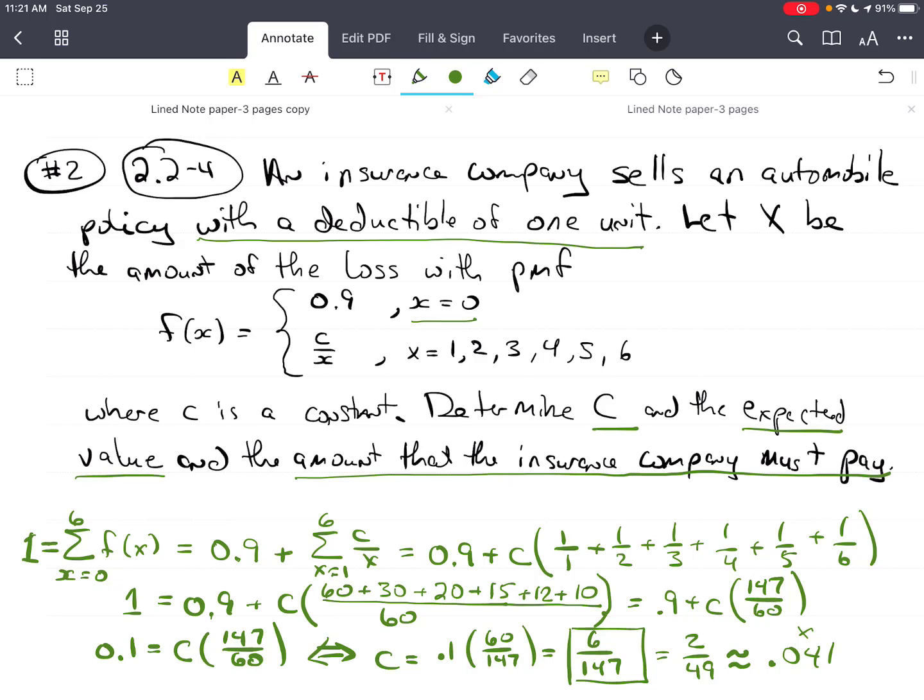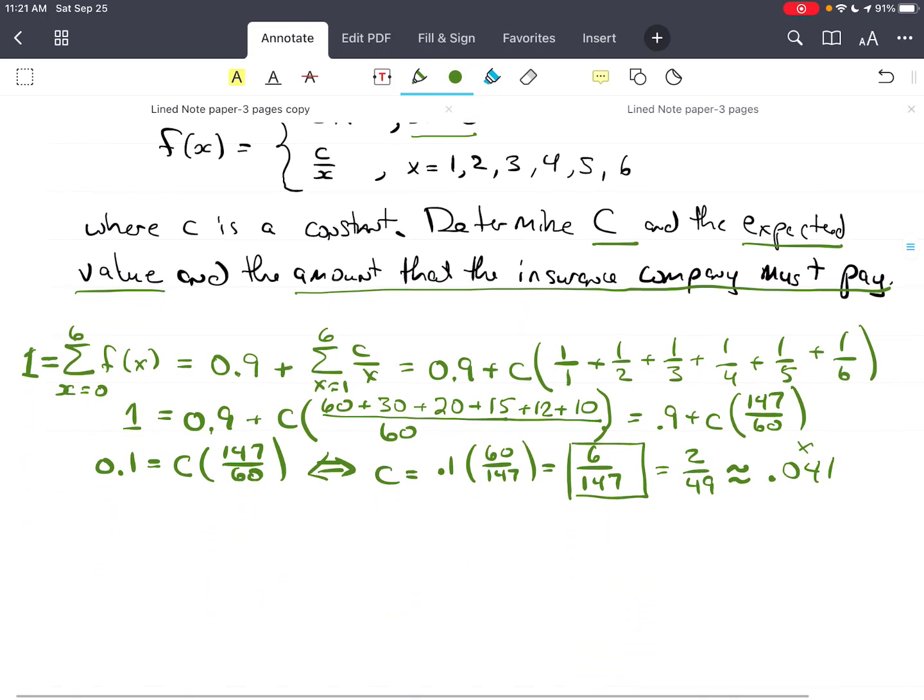All right. So now we want to find the expected value that the insurance company must pay. This is not the expected value of X, because X starts at 0, and when X is 0, the insurance company obviously doesn't pay for anything.